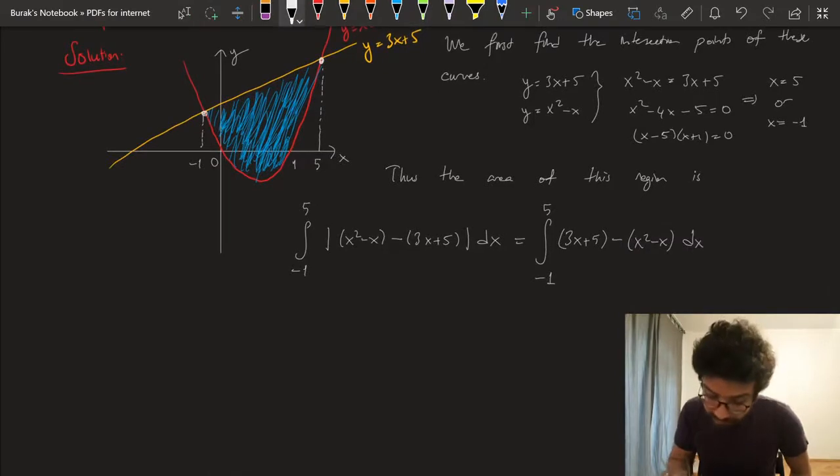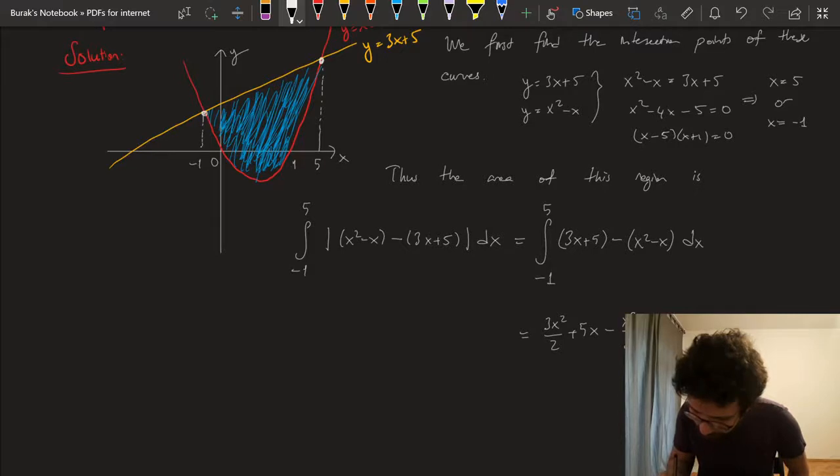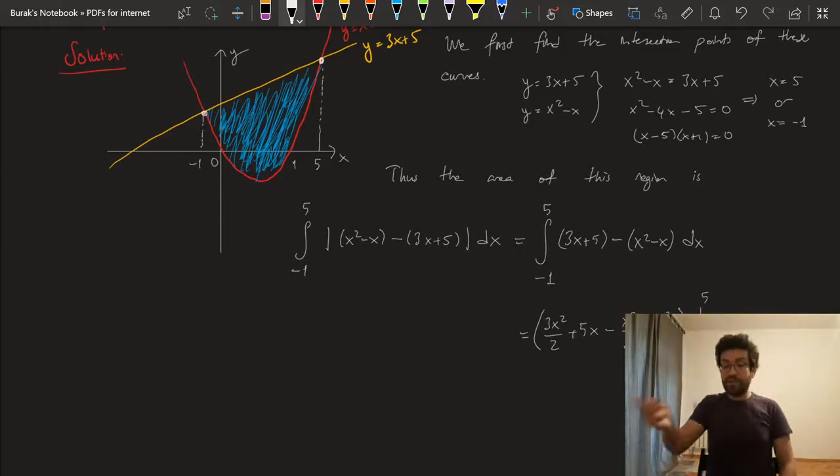And you can easily take this integral. This is 3x squared divided by 2 plus 5x minus x cubed divided by 3 plus x squared divided by 2. Evaluate at these points. Dot, dot, dot. You can just plug in and subtract. I'm not going to do that. Okay, so that's that.